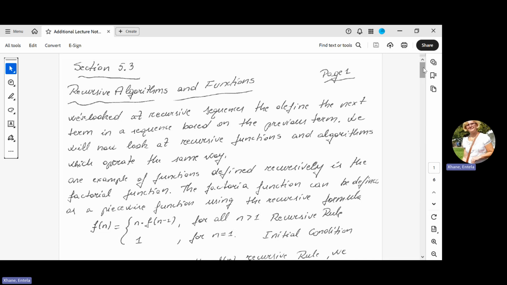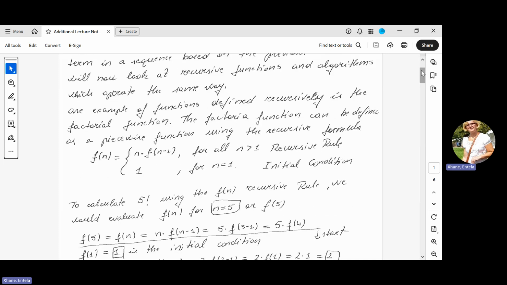Now, the work that we looked at the recursive formula will be expanded, with a goal to find the preceding term based on the previous term, but will be extended into formulas that are related to functions and their algorithm operators. So the first example that we study and the first algorithm will be the algorithm of a function known as a factorial function.